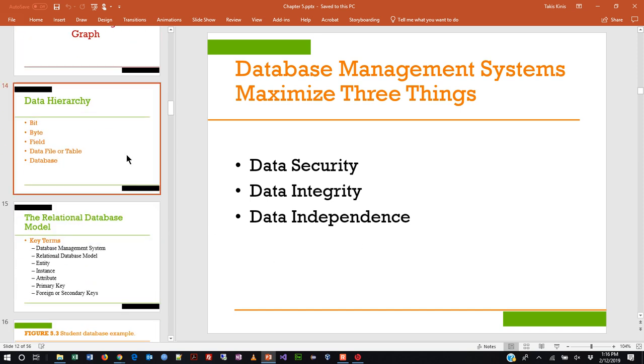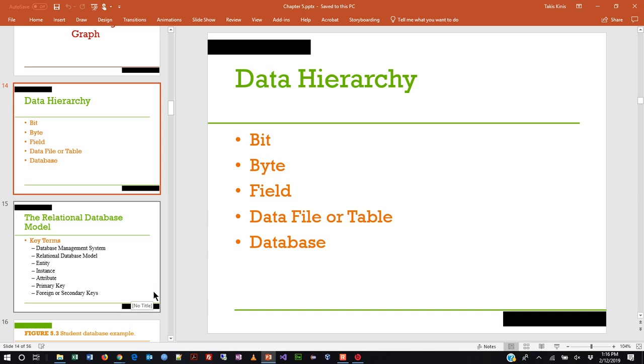All right, let's talk a little bit about this. Remember, we've already talked about bits and bytes. Yep. But that is really the foundation. And notice how we start with bits. One single digit of binary information. Get 8 of them, you have a byte. Remember, a byte is enough to form a single character.